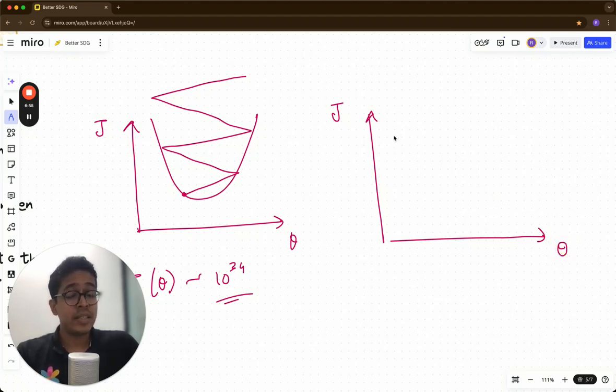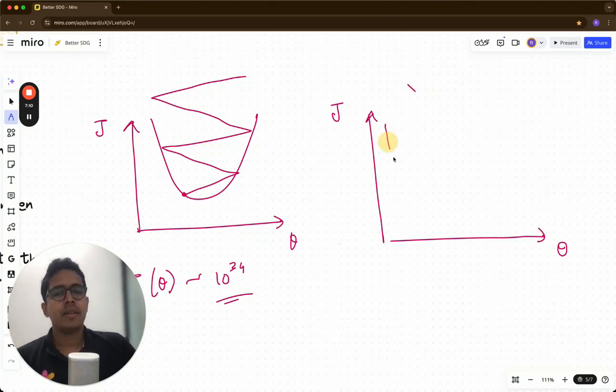I am drawing it in just 2 dimensions, but understand that theta has multiple dimensions, like slope and intercept, and there could be n dimensions, but I'm just calling it theta. When I say flatness, it is the flatness of the loss function. When I say steepness, it is the steepness of the loss function. This part is steep, and this part is flat.